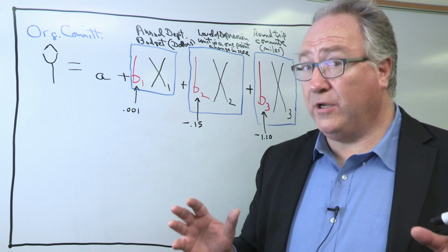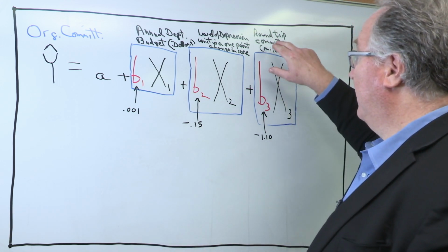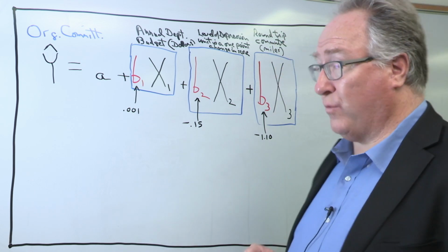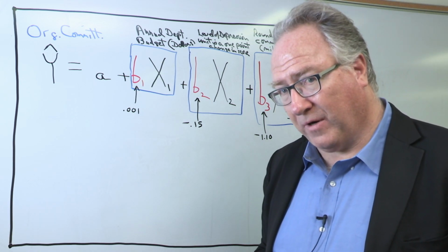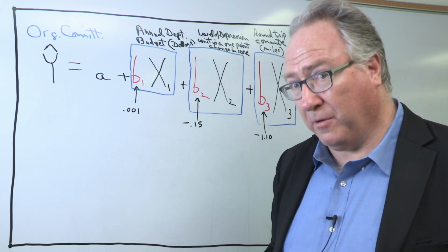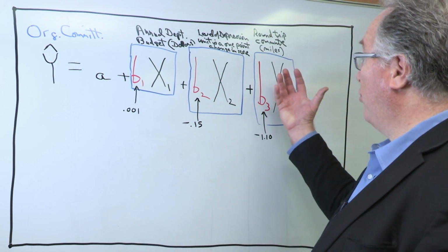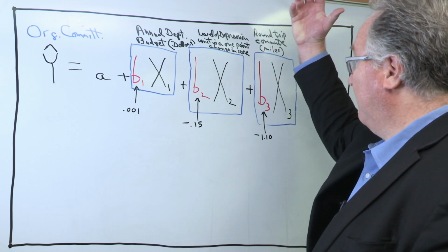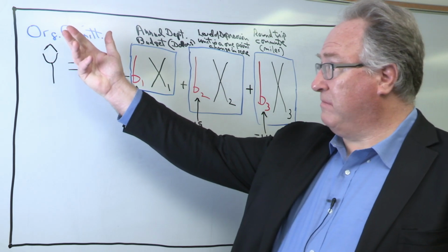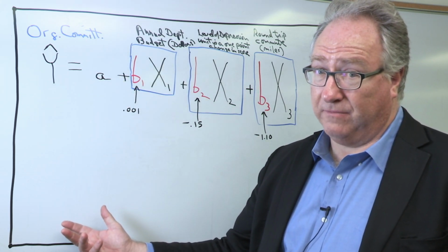For every 1 unit increase in the round trip commute, okay, measured in miles. So for every extra mile of the round trip commute. Again, as the round trip commute goes up, organizational commitment is going down, moving in opposite directions from one another.